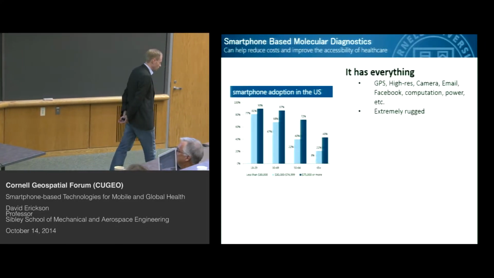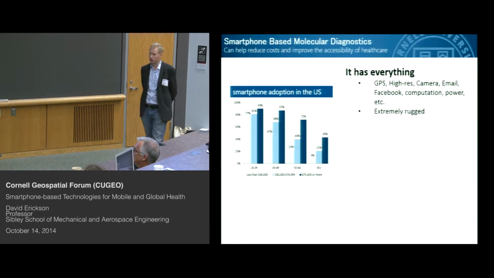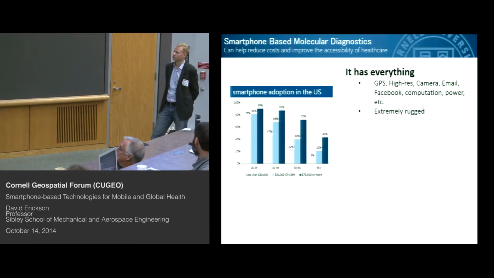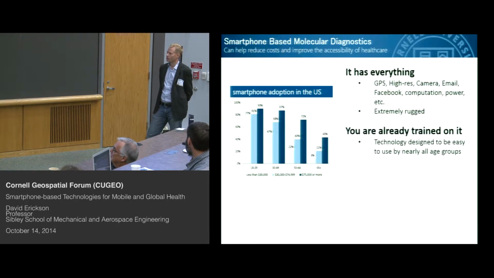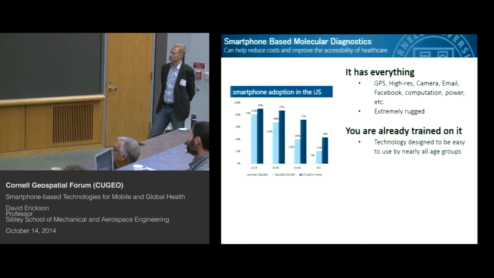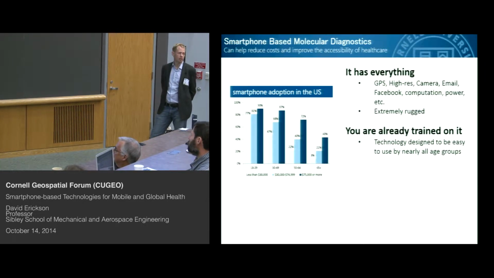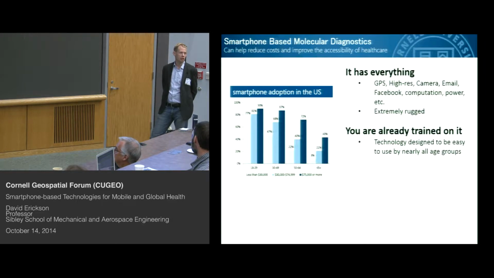I'm sure you have never had a machine as complex and rugged in your pocket as the iPhone. Important for diagnostics, again, is that you're already trained on it. A big problem with a lot of devices is having to train someone on them. My 2-year-old can flip through the iPhone to find pictures of him and his brother. And best of all, you already own it, right? I don't even need to sell it to you, right?